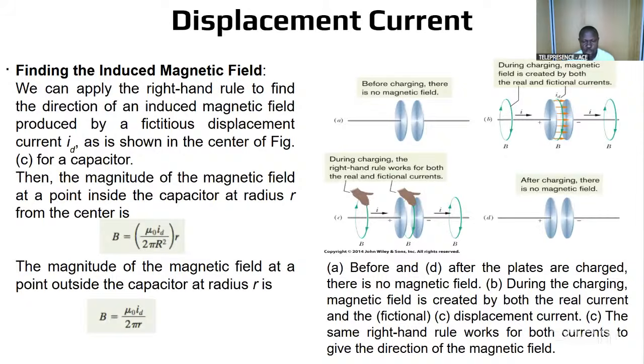Now, we know that changing electric flux will induce a magnetic field. What we now need to do is to find the magnitude and the direction of this field.